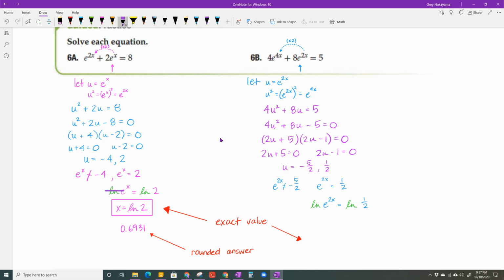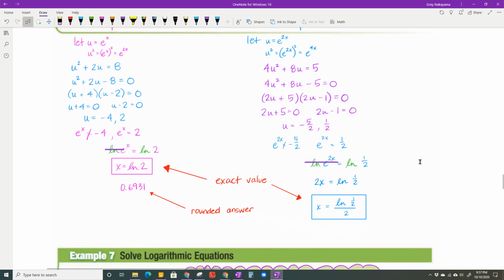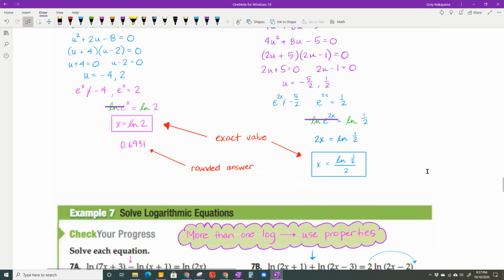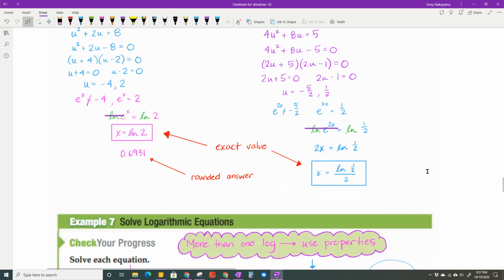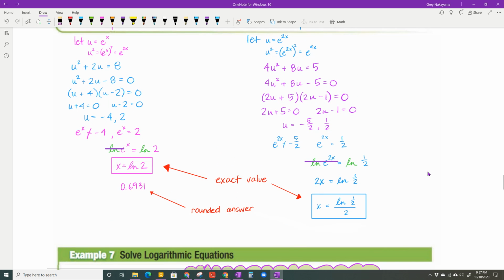Again, that leaves me with just 2x equals ln of 1 half. And then I'm going to divide by 2. So that is the exact value again, and you put that in Delta Math. If it calls for a rounded answer, then you put that into your calculator. And boom, that's exponential equations.